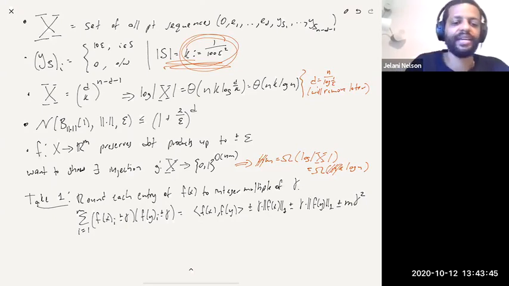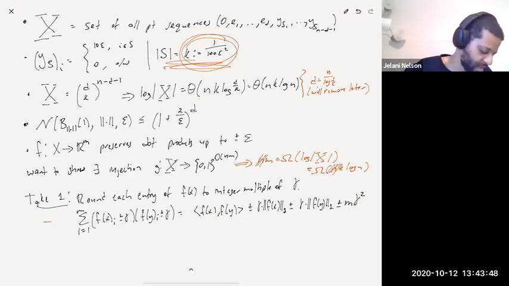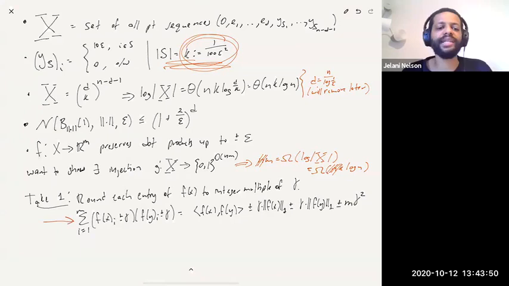And why is that? Let's look right here. I'm taking these vectors, imagining I'm rounding the entries to the closest multiple of gamma, and then taking the dot product. What does that new dot product look like? Well, it's the sum over i from 1 to m of f of x_i plus or minus the error introduced by rounding, times f of y_i plus or minus the error introduced by rounding. Then you just use the distributive law. This is equal to the actual dot product I cared about plus or minus some error terms.